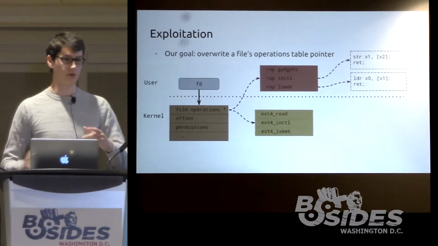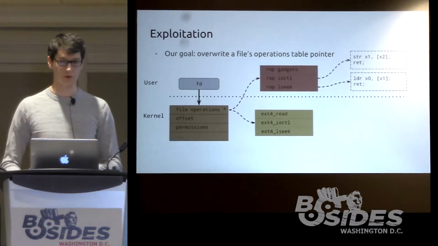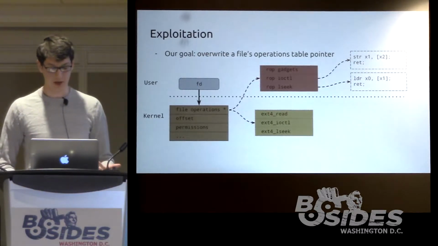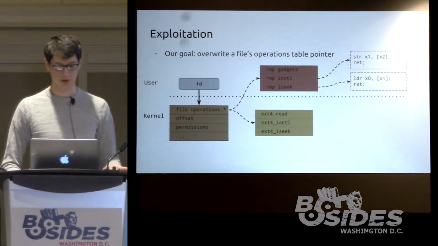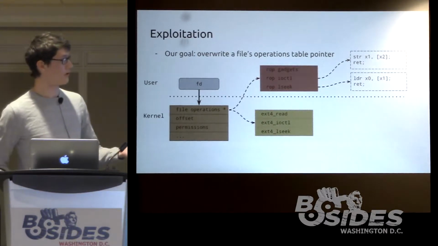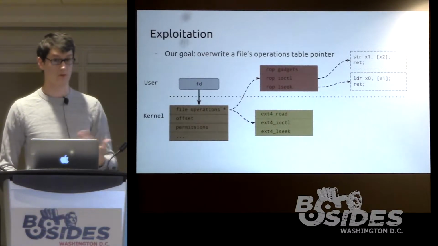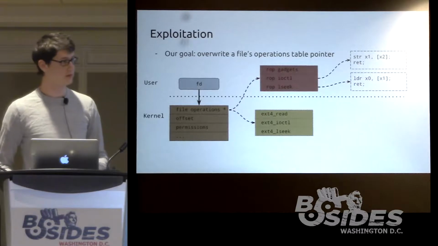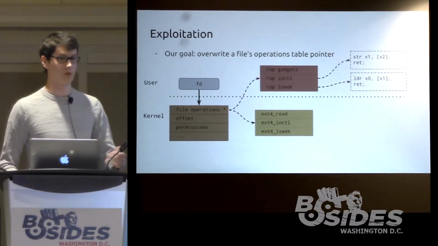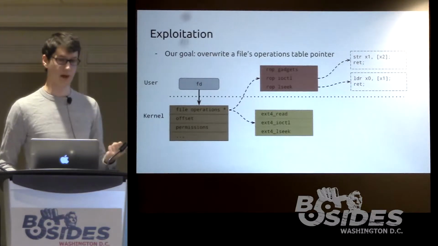Essentially, we're able to recycle the functionality that's in the code in the kernel to carry out our wishes. So in this case, we can overwrite the functionality of the ioctl to instead store the very first argument into the address of the second argument and then return. So this is our arbitrary write gadget. Or we can find a ROP gadget that will read from the very first argument the value at that address and then return that as a value.